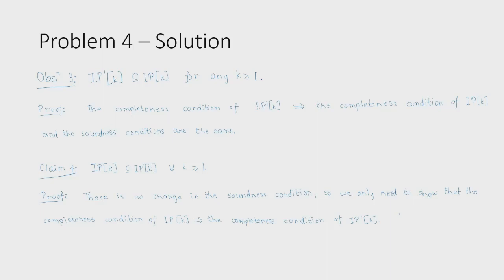Now let's show this. Pick L. If L is in IPK, then there exists a deterministic Turing machine which runs in polynomial time.